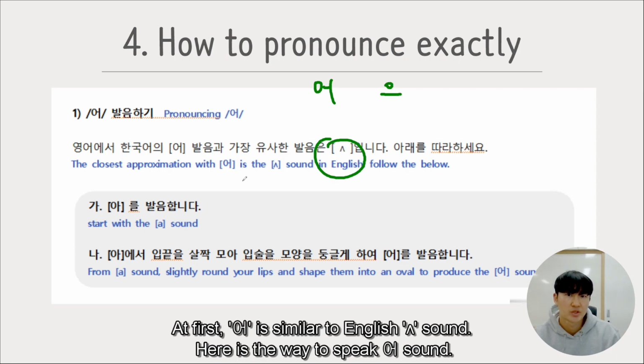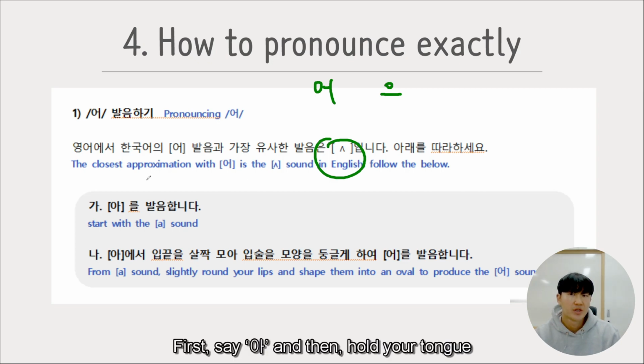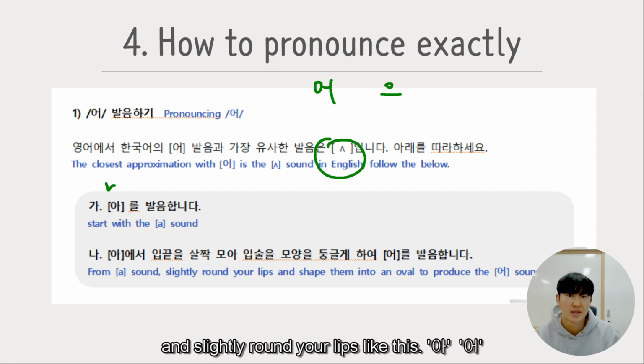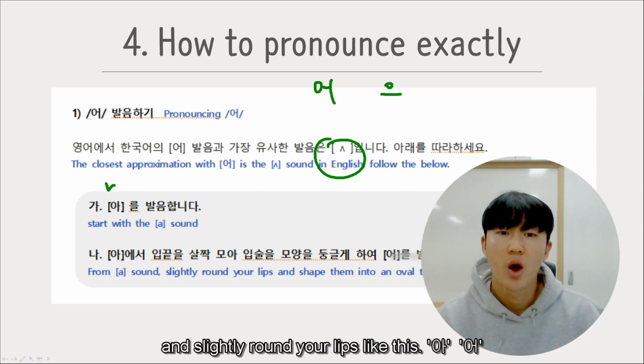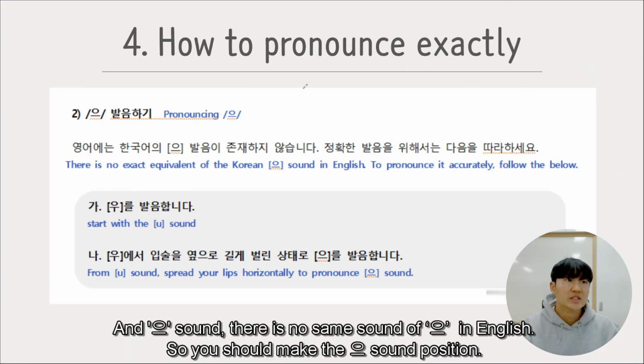Here is the way to speak the o sound. First, say a, and then hold your tongue and slightly round your lips like this. A, o, a, o.